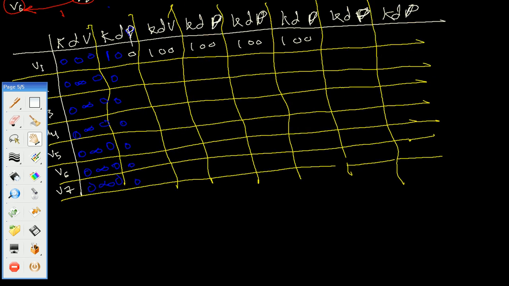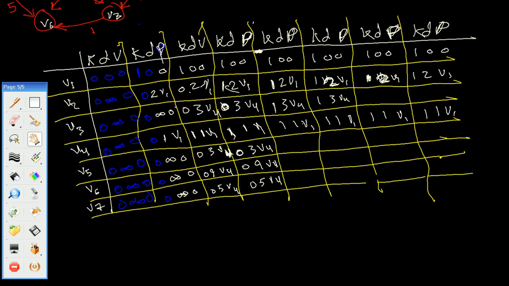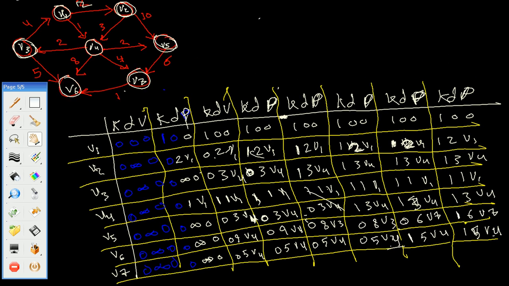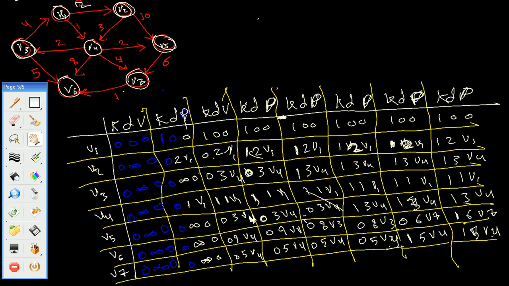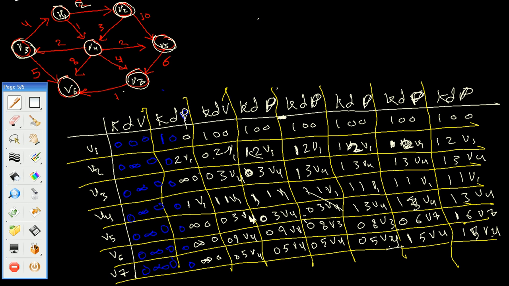So we need to map this into the shortest path. What is the shortest path for this algorithm? Let me choose a different color.